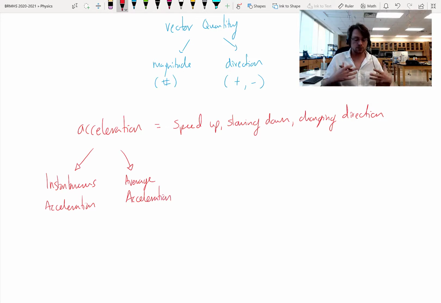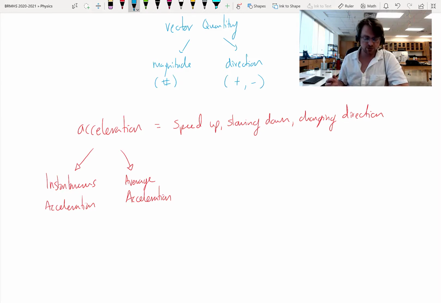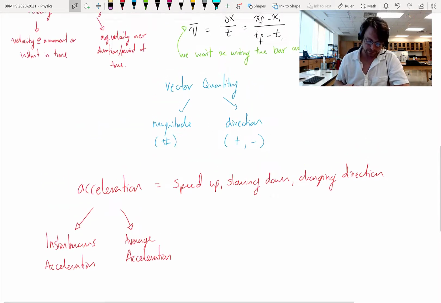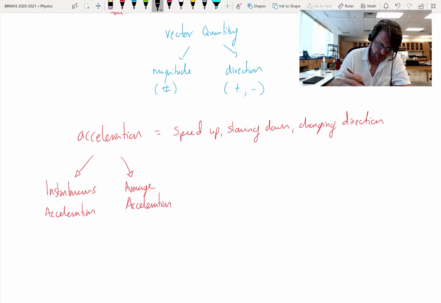Now, with our class, what we do in this physics class is we only deal with constant accelerations, which means acceleration is either going to be one value, and it's constant, or it's zero, which still is a constant value, it's zero. So we don't have to really deal with changing accelerations at all, which is nice. The reason we don't is because you need calculus in order to do that. The symbol for acceleration is a.